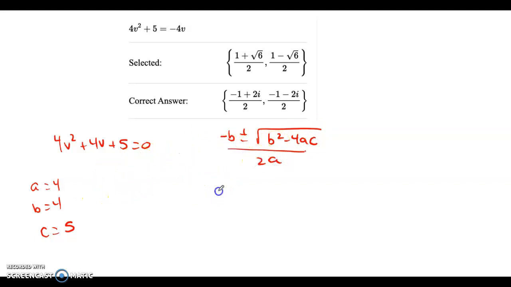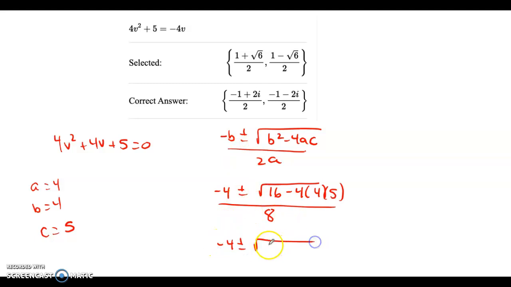So negative B in this case will be -4, plus or minus the square root of 4 squared, which is 16, minus 4 times 4 times 5, I'm just substituting, all over 2A, which is 8. So when you simplify the discriminant, you're going to have 16 minus 80. You can use your calculator to do that. I did it fast because 4 times 5 is 20, 20 times 4 is 80, all over 8. Simplify inside, and we're going to get -4 plus or minus the square root of -64 all over 8.